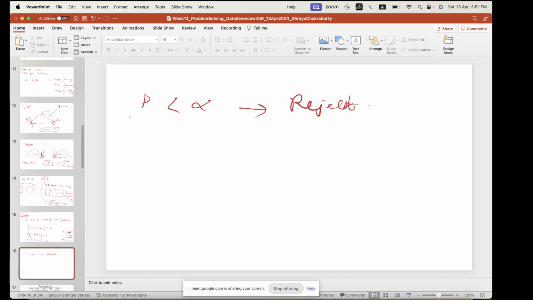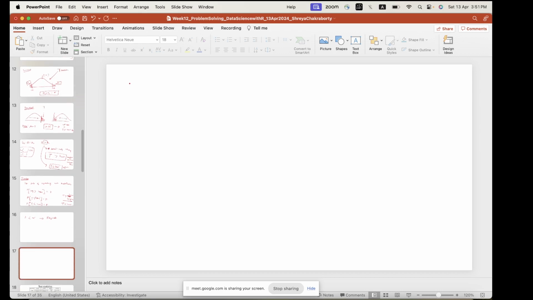So now that we sort of understood, we learnt about certain tests. The first one was tests for mean.